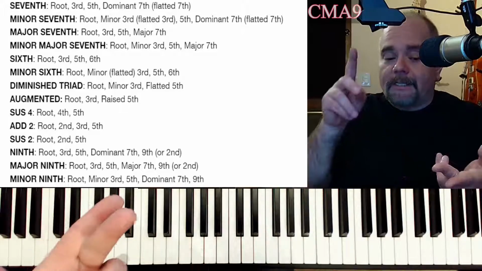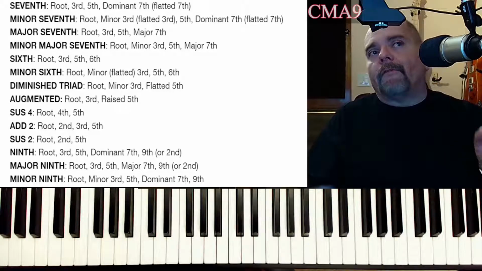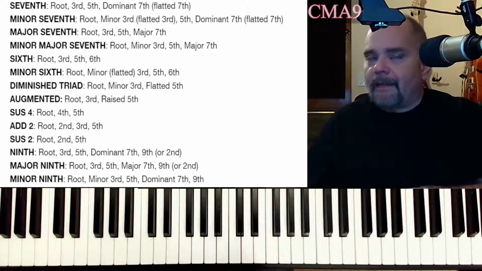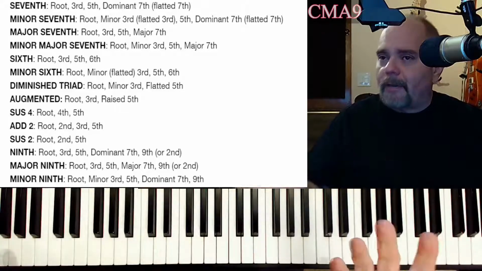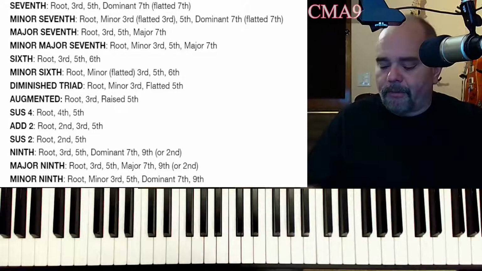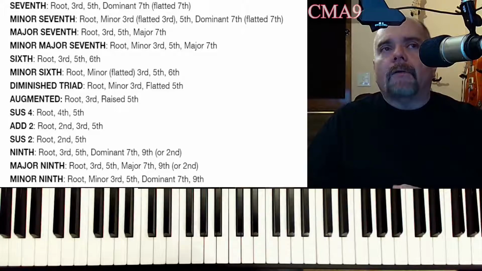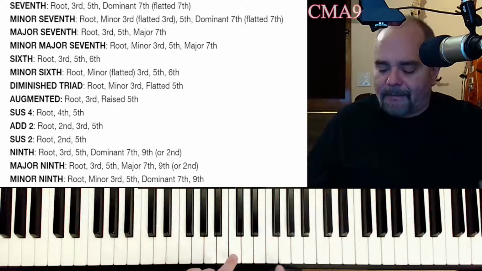The arranger wants the 2 and the 7. And if they call for a major 9th, the word major in this chord is not referring to the 9th, because there's only one kind of 9th. It's 9 or 2, whatever you want to say. So you are adding the major 7th and the 2 at the same time.